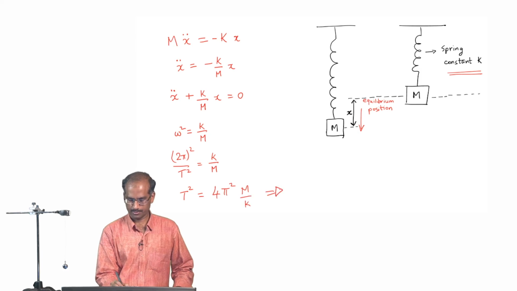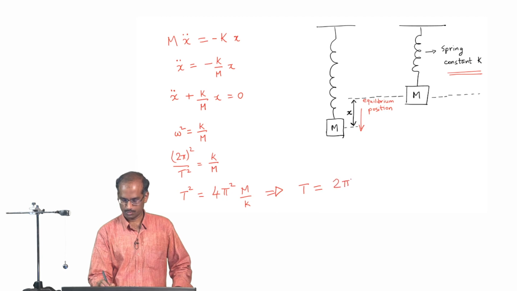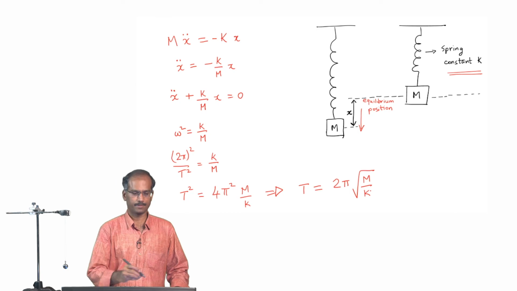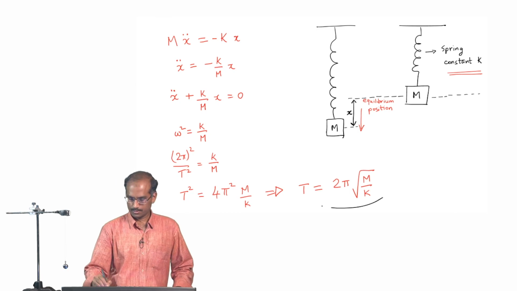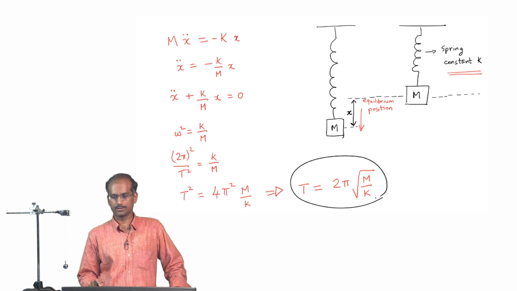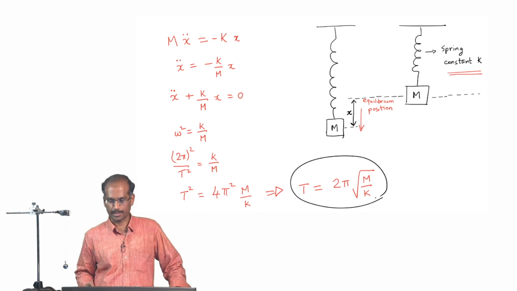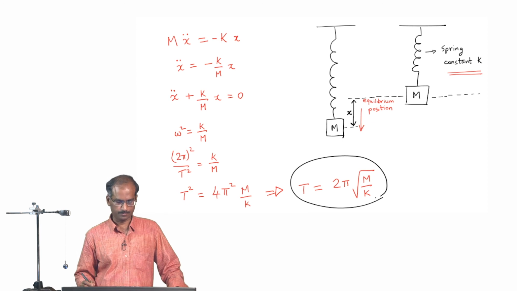This gives me an expression for the time period, which is 2 pi into root of m by k. So, once again we have an expression for the time period, this time for a system of a spring in which a block of mass m is hanging and executing simple harmonic motion.